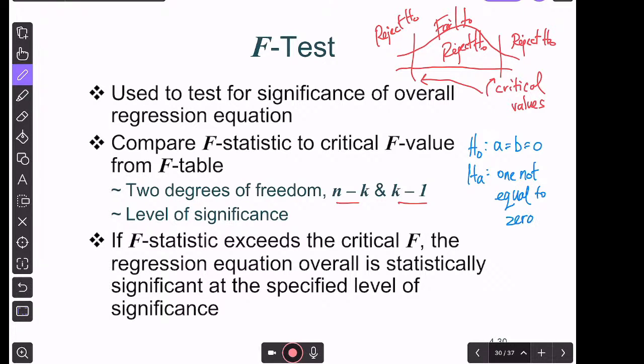The null hypothesis would be that there's really no line, A equals B equals 0. There's no trend, there's no parameters. And the alternative would be at least one of those is not equal to 0. I hope it explains that.